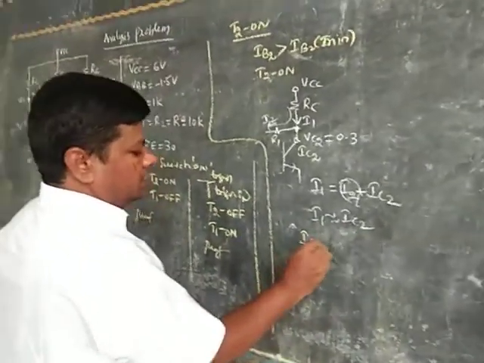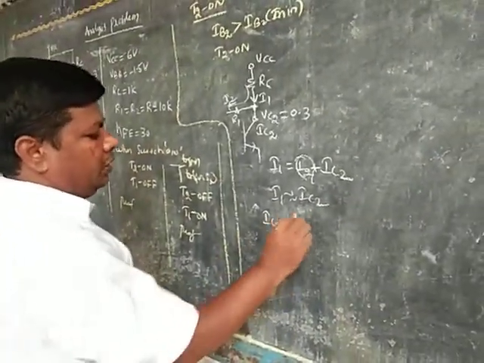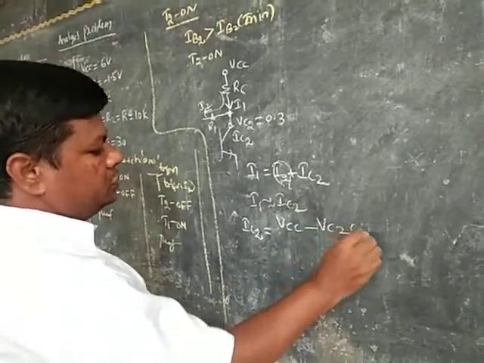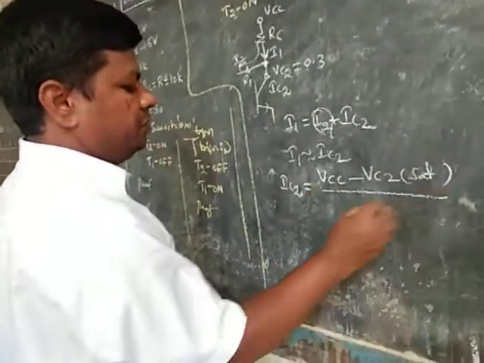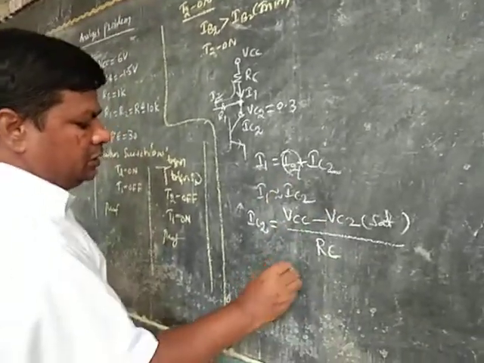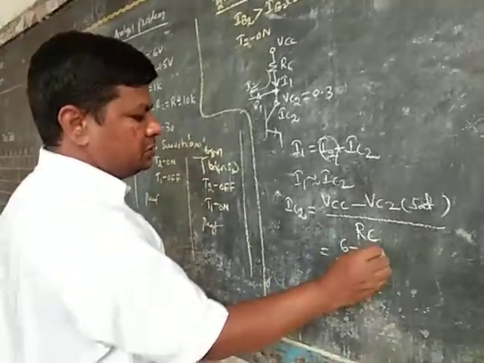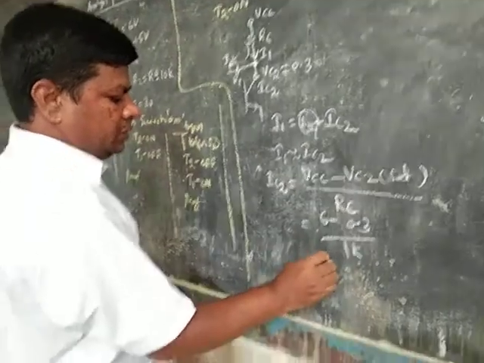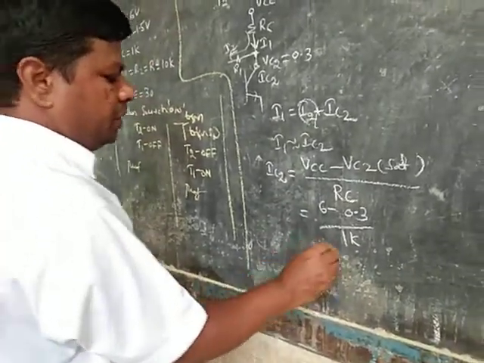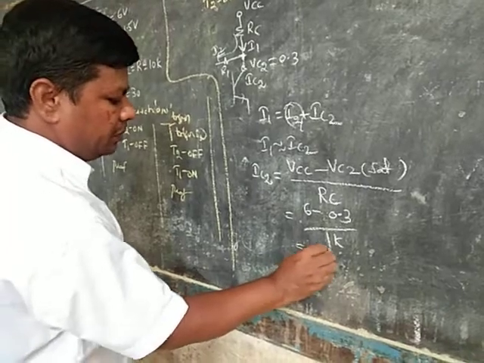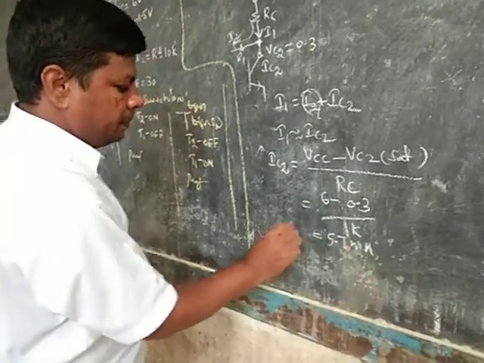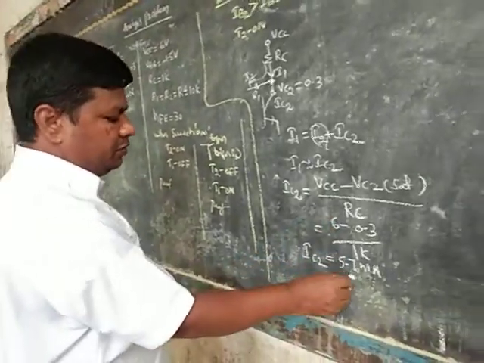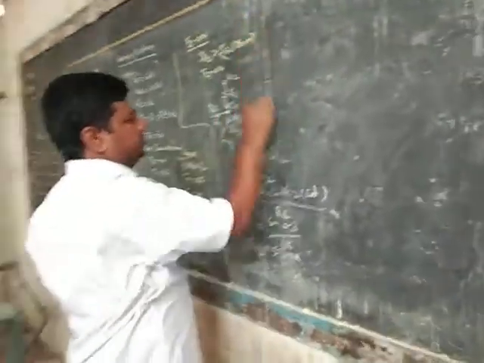Then IC2 is equal to VCC minus VC2 saturation by RC. That is equal to 6 minus 0.3 by 1K, so IC2 is equal to 5.7 milliamperes.